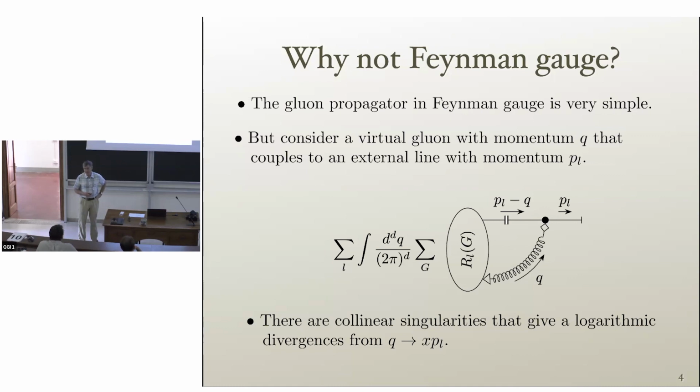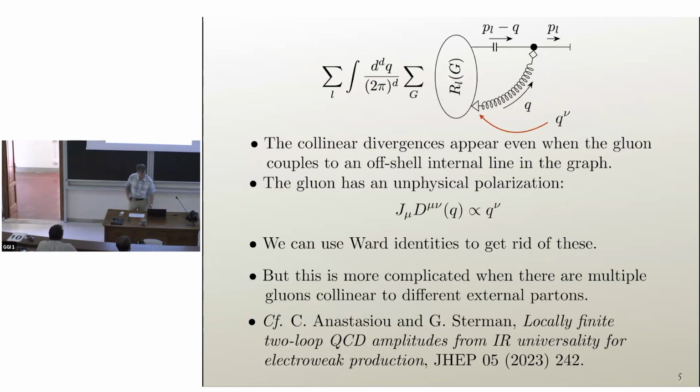That's not so bad, but that happens no matter where inside of here the gluon connects, right in the middle of some hugely complicated graph onto an off-shell line that's off-shell by hundreds of GeV, say. Nevertheless, there's a collinear singularity. The gluon, when it's connecting here, has unphysical polarization.